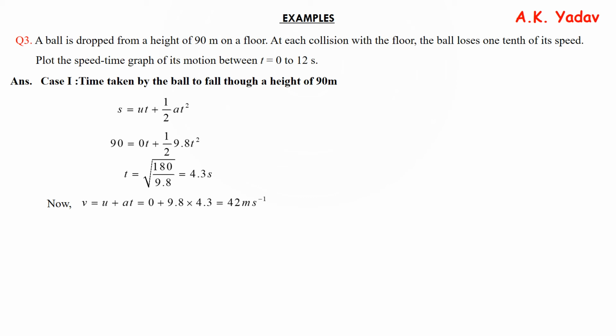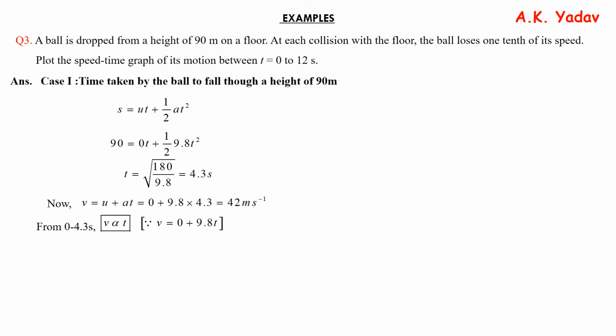Now V equal to u plus at. So what is the velocity when the ball was coming down? 42 meter per second. So from 0 to 4.3 seconds, we can see that V is directly proportional to t. As you can see, V is equal to 0 plus 9.8 t.